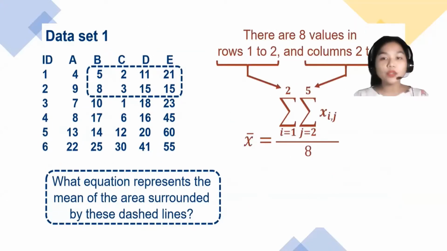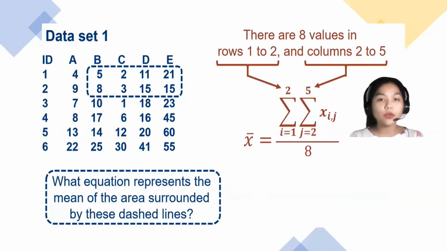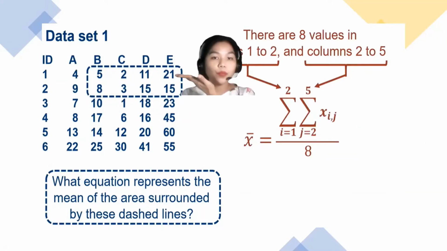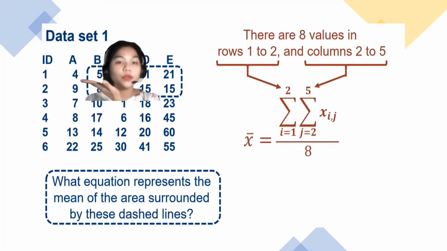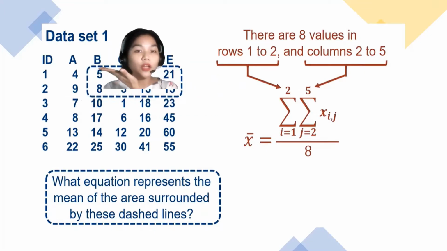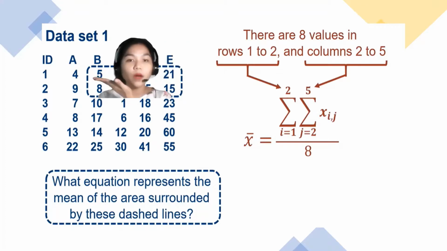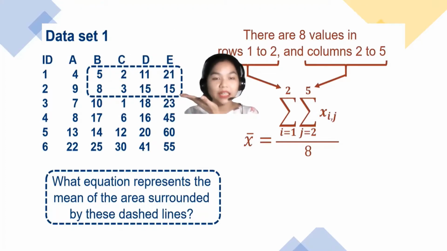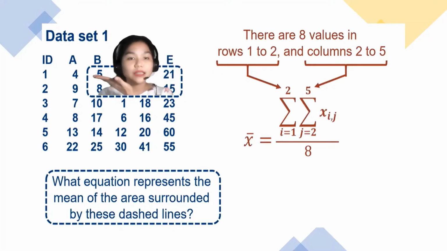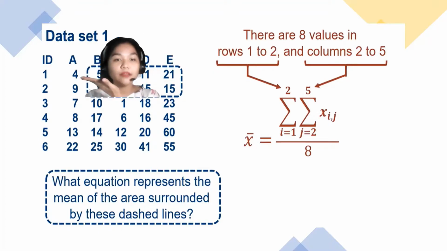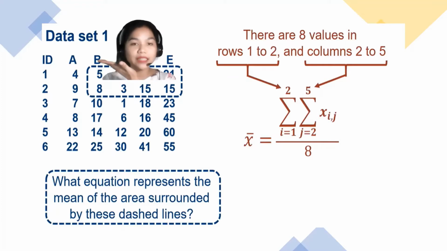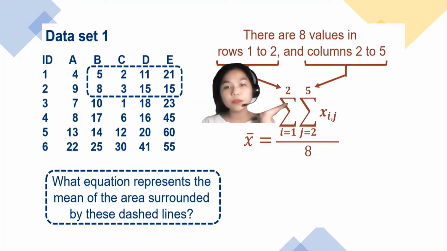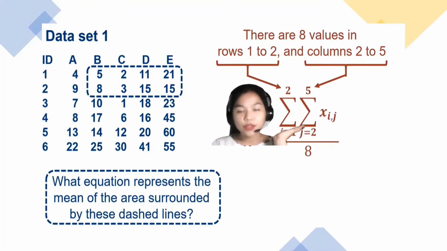There are actually 8 values in rows 1 to 2 and columns 2 to 5. So 1, 2, 3, 4, 5, 6, 7, 8.